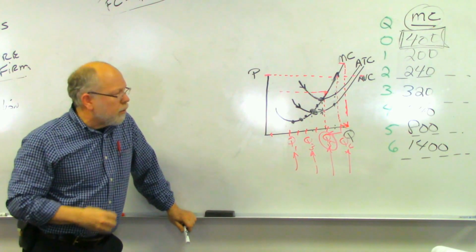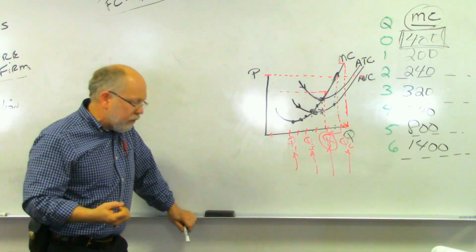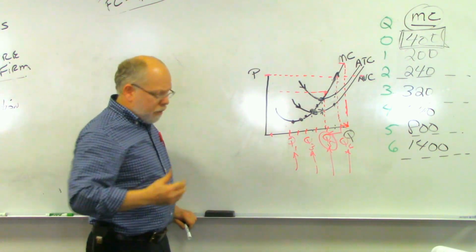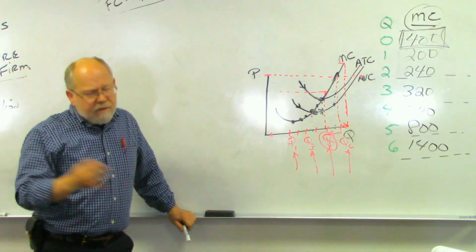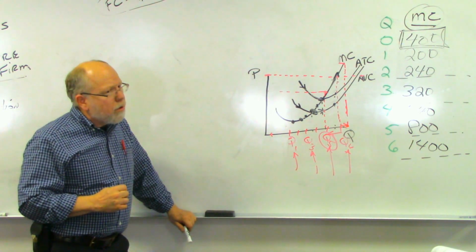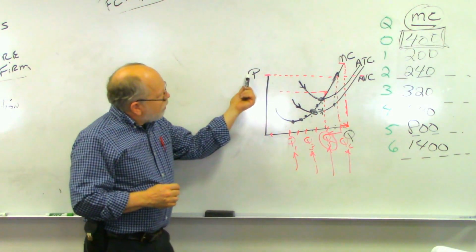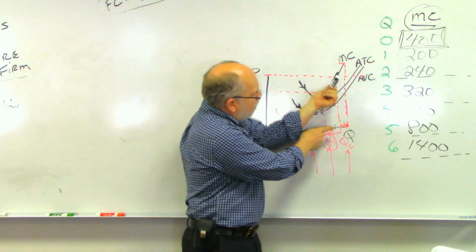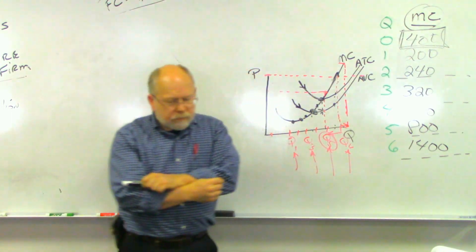In other words, we're producing something that other people produce. We can sell as much as we produce at the going market price. We can't affect the price one way or the other. So how much should we produce in order to maximize our profit? We should produce up to the point that we get to this curve and then stop.